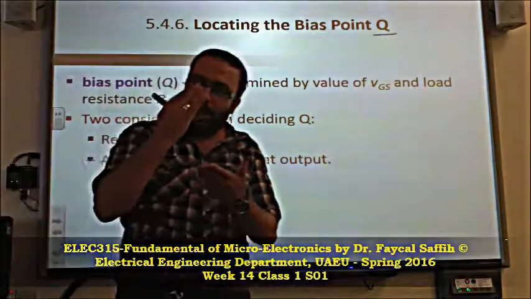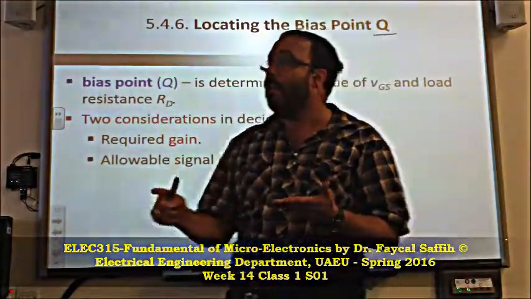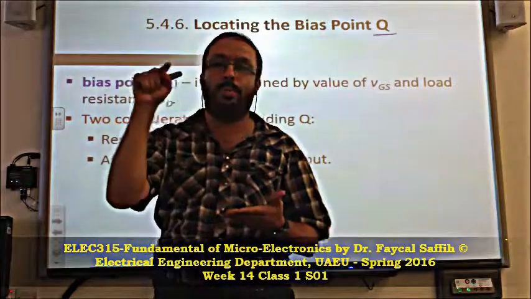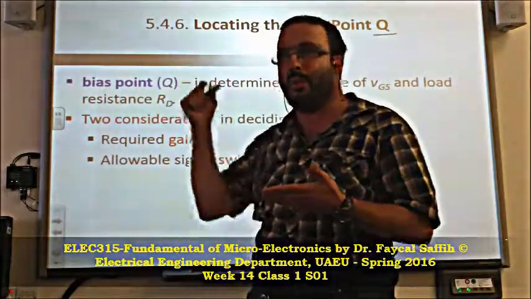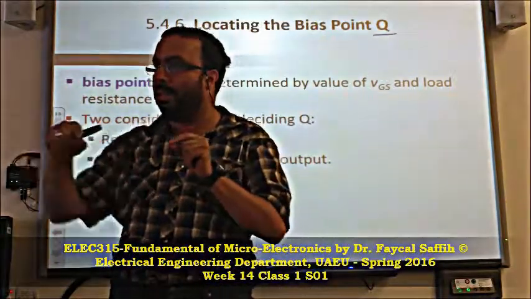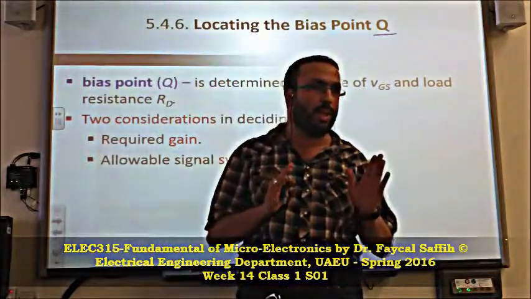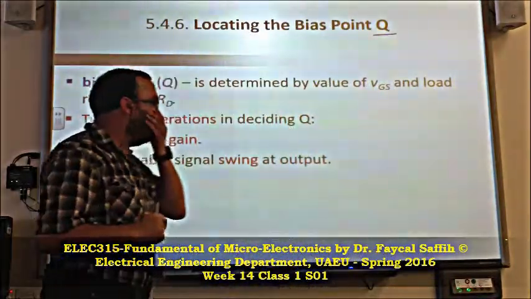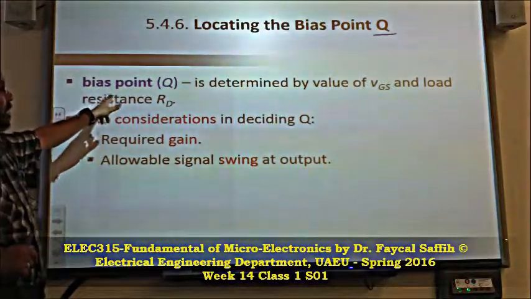It's the point in the characteristic of the MOSFET, ID versus VDS, where the amplifier or our transistor is working. For an amplifier, it has to be in saturation. But saturation has a long path, so one point will be where the transistor is working. That's the bias point.